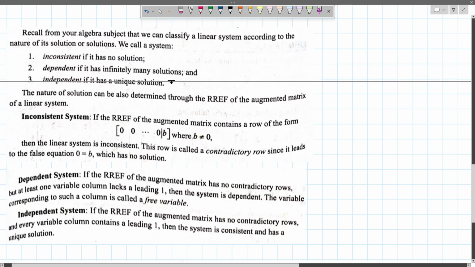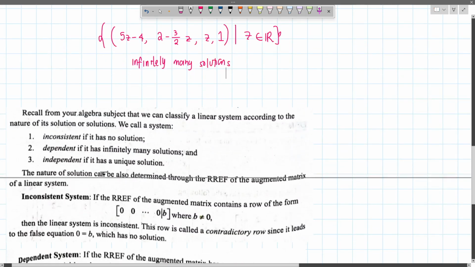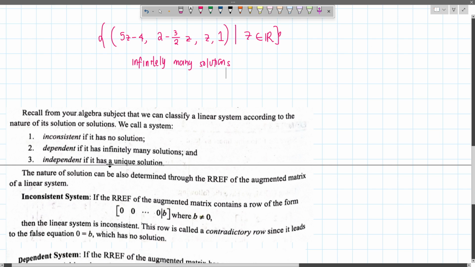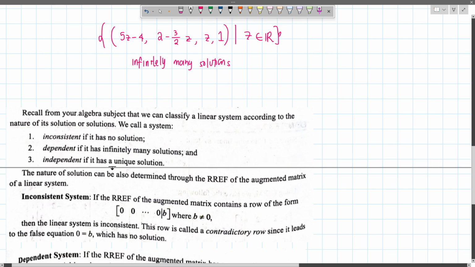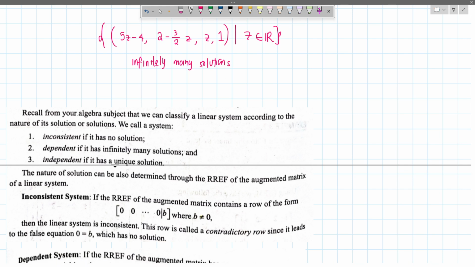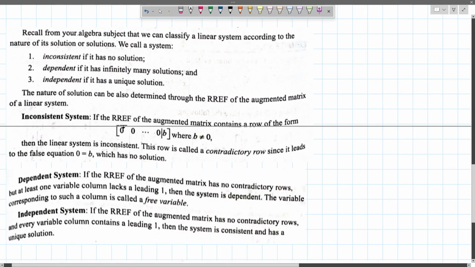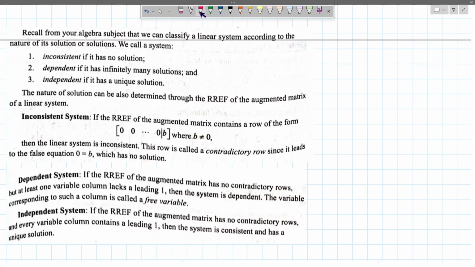Dependent if it has infinitely many solutions, just like what we have here. And lastly, independent if it has one unique solution, just like what we had in the earlier examples. So how do we know the type of solution given the reduced row echelon form?